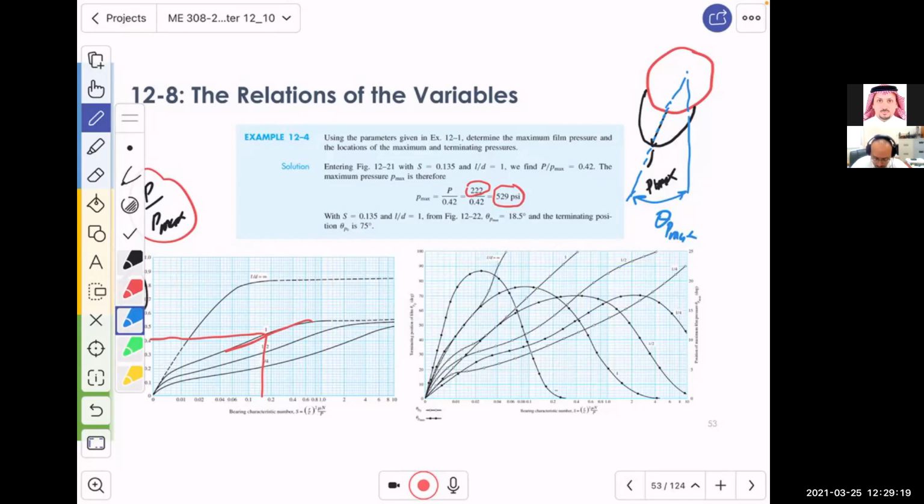So in this problem, we know that theta P max is about 18.5 degrees. So if the bearing is like this, you will come here and say, at angle 18.5, I know that this spot is the location of the maximum pressure.